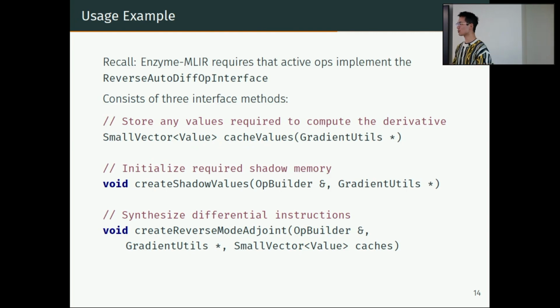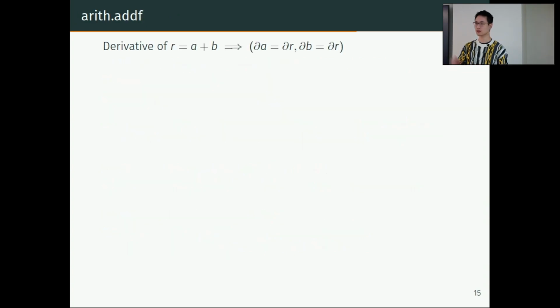So, quick recap. The key to making our system dialect agnostic is our interface, which consists of the three methods around storing values that you need in the backward pass, initializing any shadow memory, and synthesizing our differential instructions. We'll take a look at perhaps the simplest case, which is the rf.addf.